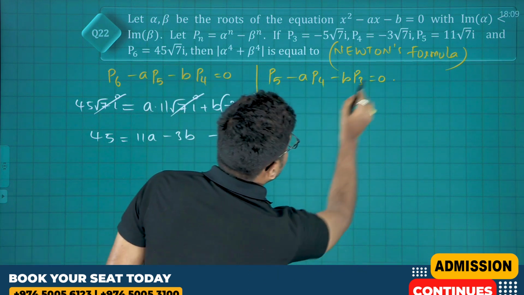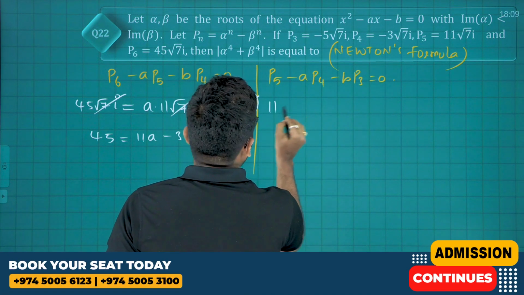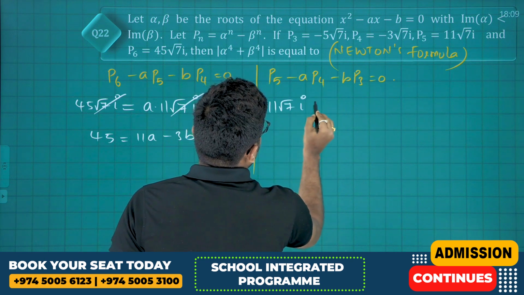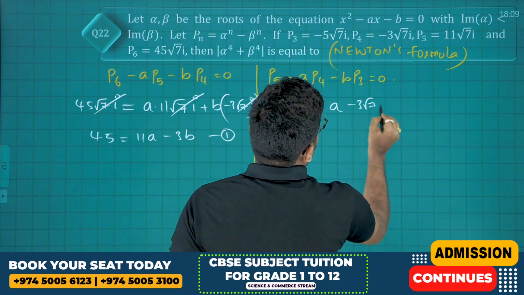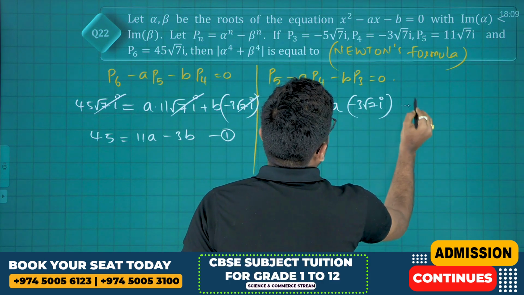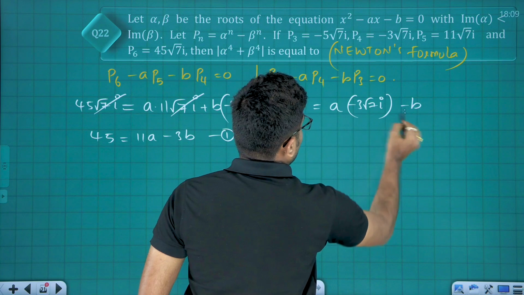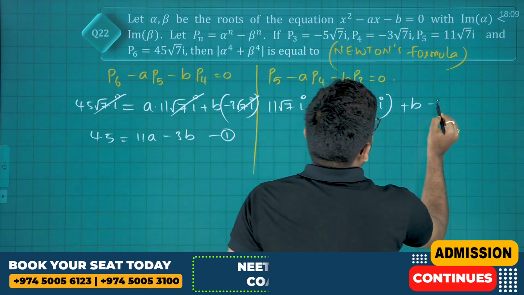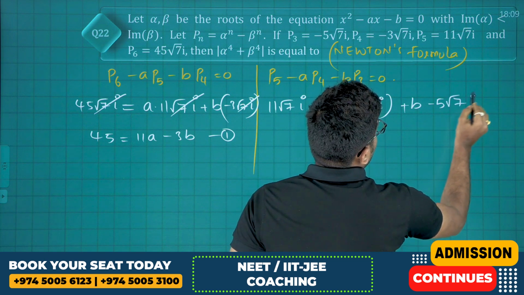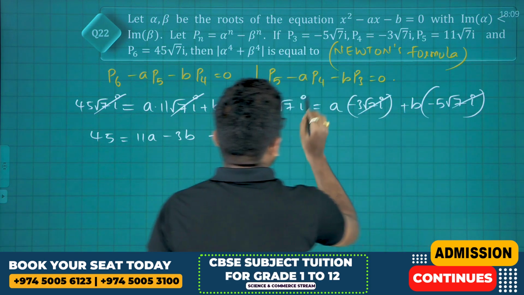From here, what is P5? P5 is 11 root 7 i, which is equal to a times P4, minus 3 root 7 i, plus b into P3. P3 is minus 5 root 7 i, again root 7 i cancels.